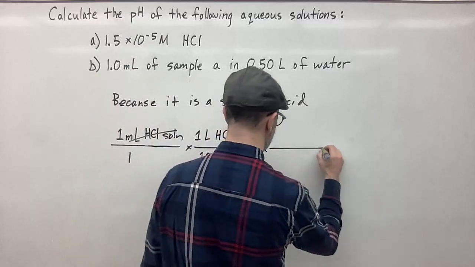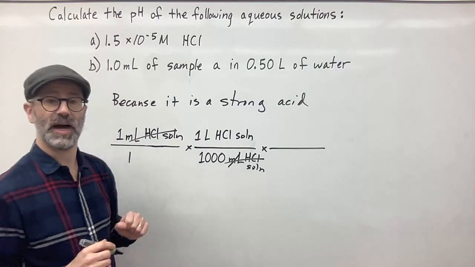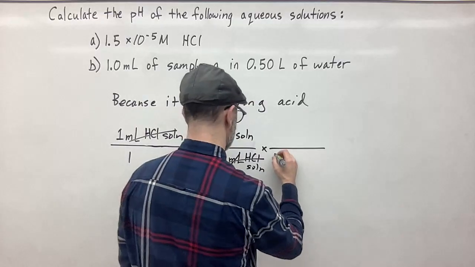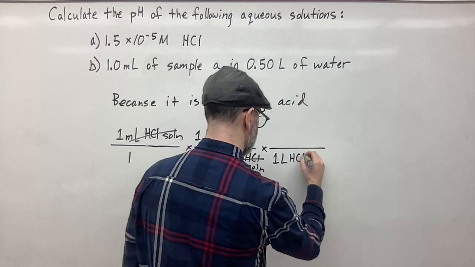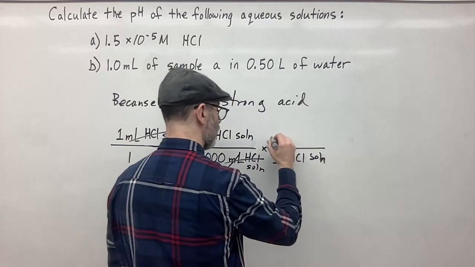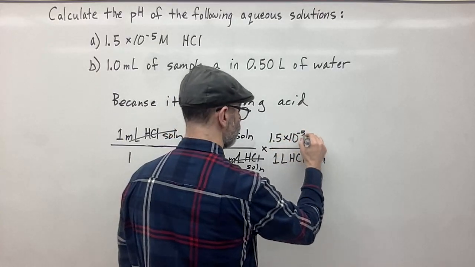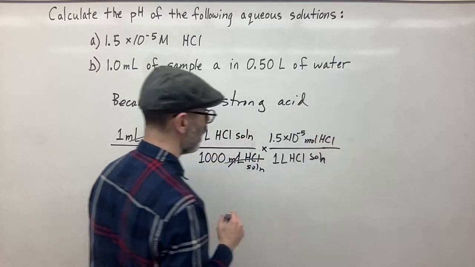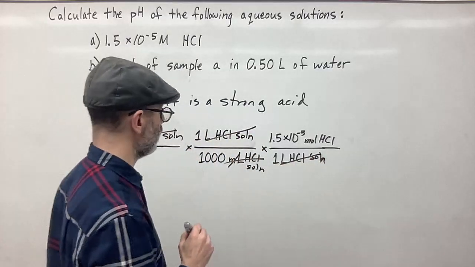And now we can use the molarity, which is 1.5 times 10 to the negative 5 moles per liter, because that's what molarity means. So we're going to have 1 liter of the HCl solution on the bottom, and 1.5 times 10 to the negative 5 moles of HCl on top. So liters of HCl solution cancels out.